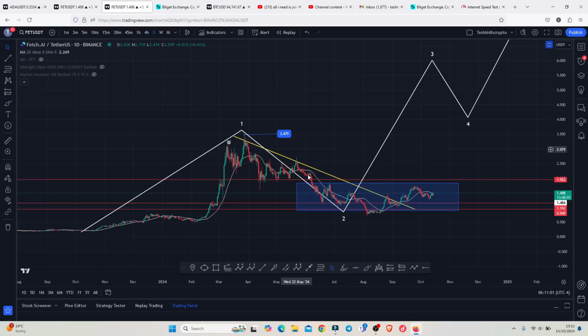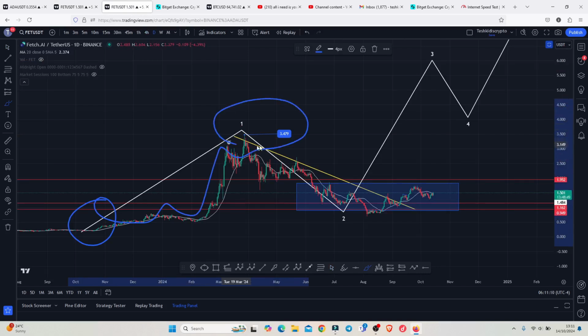On the daily chart, I still believe that we got our bear market lows last year and saw an impulsive movement to the upside, completing the formation of this wave 1 in a move that peaked above the $3.479.